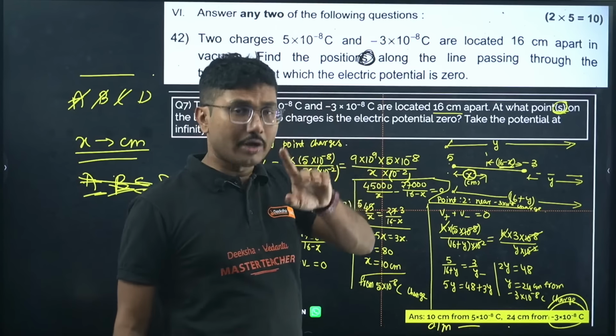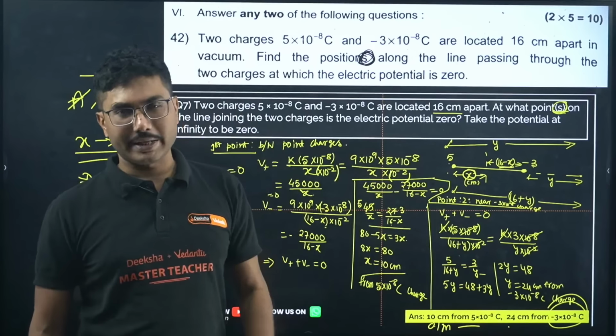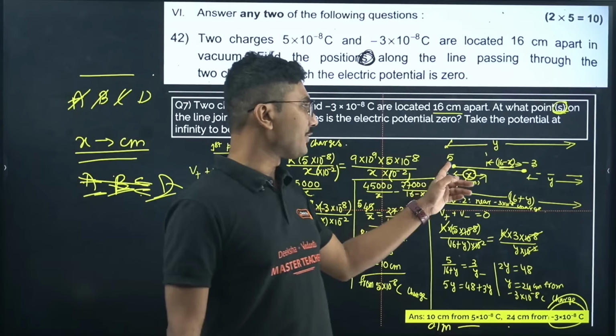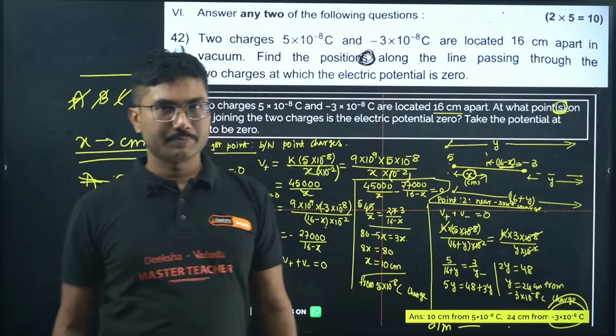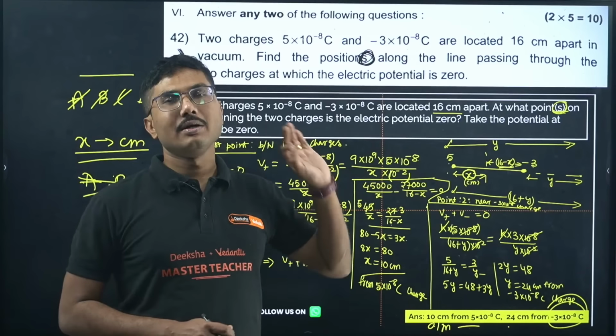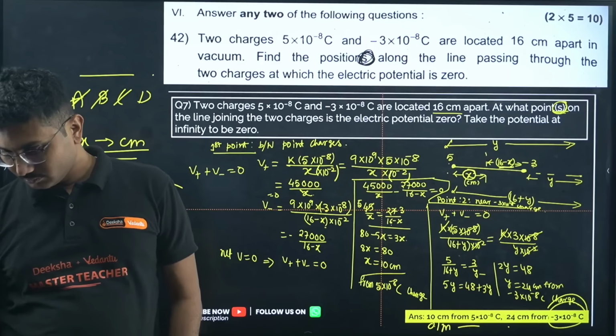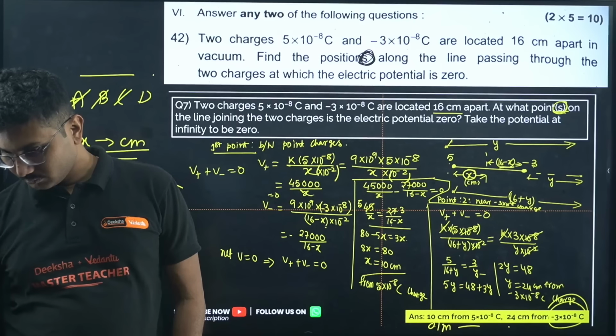But if you have solved it, you should get marks if you have mentioned the point from where you have taken the 0.4 meter. If you have mentioned from 5, you will get marks. If not, then 4 marks you will get. If you are lucky, you can get 5 marks as well.